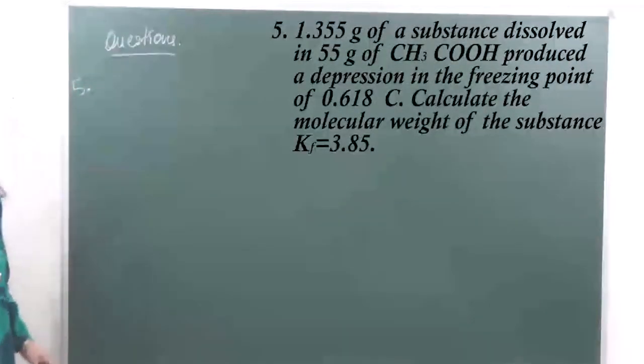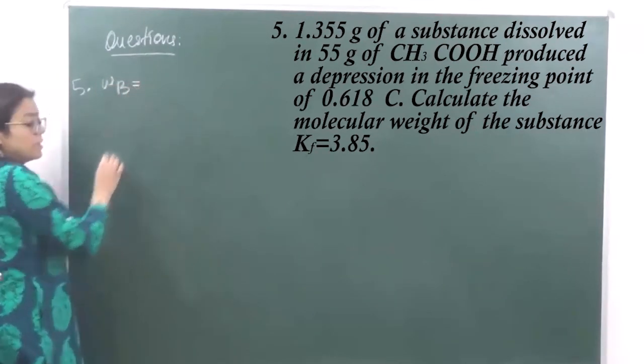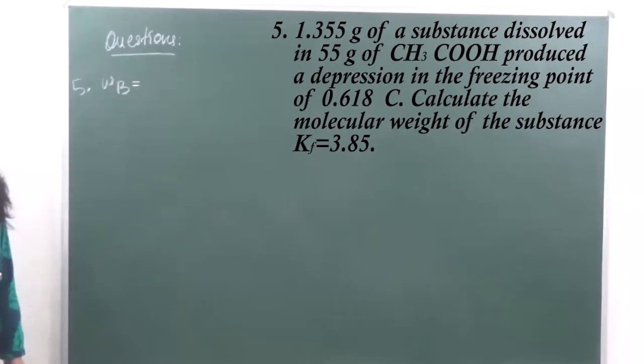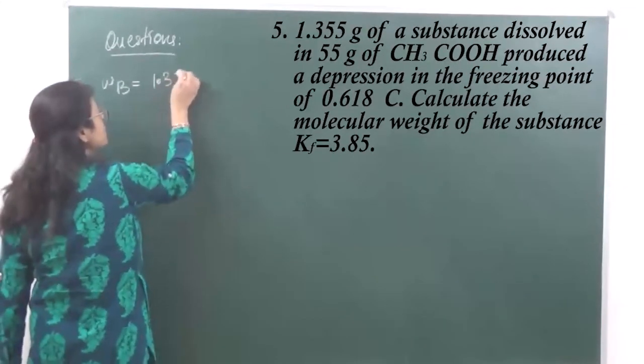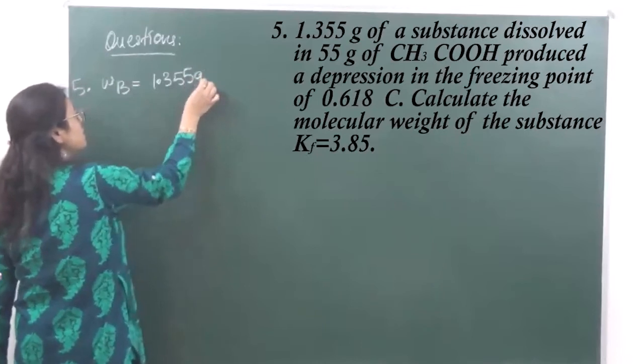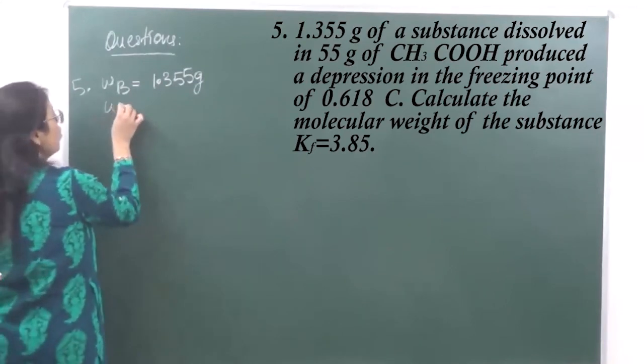What is the next question? 1.355 grams of a substance is dissolved in 55 grams of CH3COOH. So we have been given WB equal to 1.355, dissolved in 55 grams of CH3COOH.